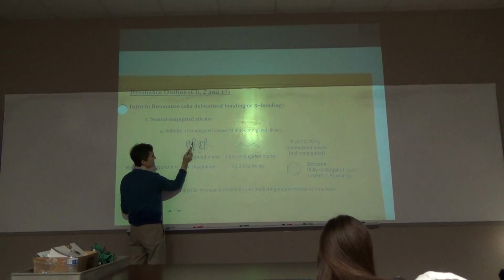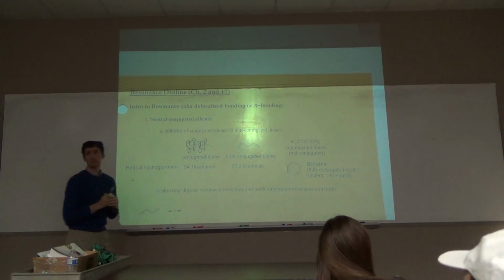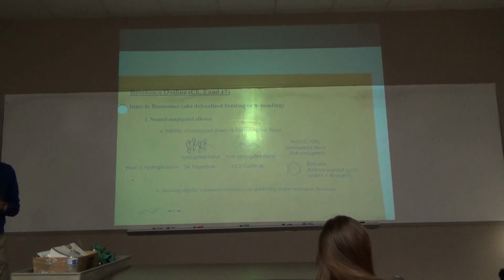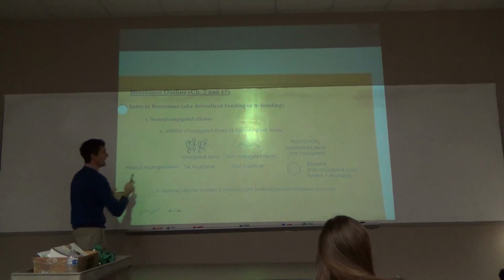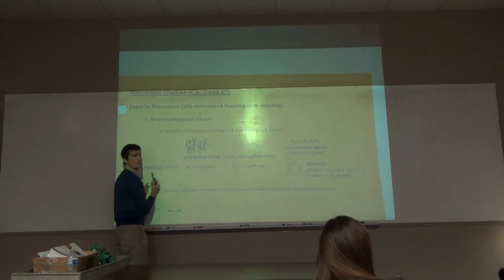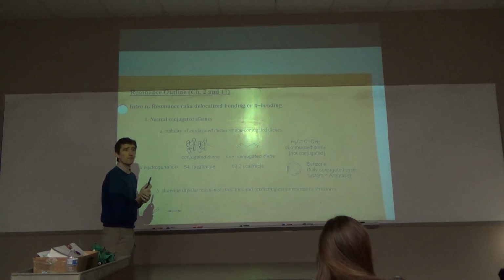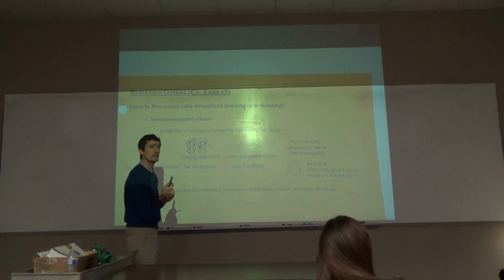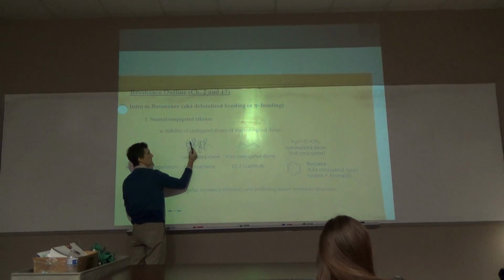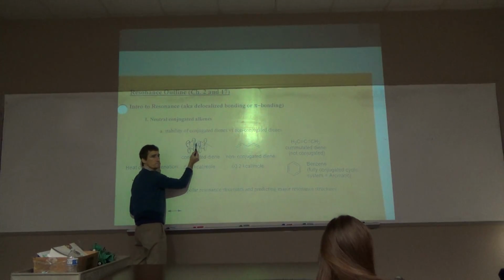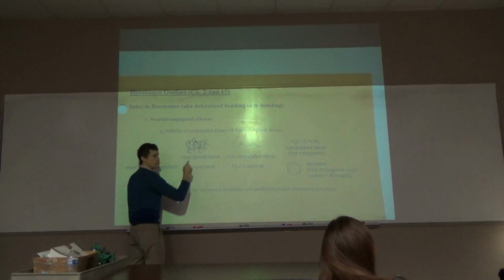When we have conjugation like this, these 2 are overlapping to make a pi bond, and these 2 are overlapping to make a pi bond. Well, what about p orbitals number 2 and 3? Are they overlapping to make a pi bond between carbons 2 and 3? Why not? Well, they are. Those are overlapping too.